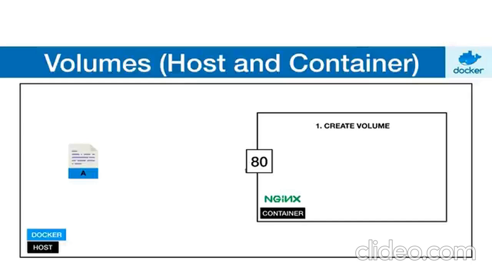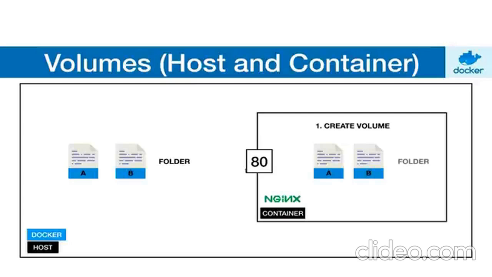This file A will also appear in the actual container inside of the volume. The same by adding a file in the actual volume inside of the container, that will also appear in my host operating system. And the same is true with folders. If you add a folder on your host, then that will also appear in the actual container.